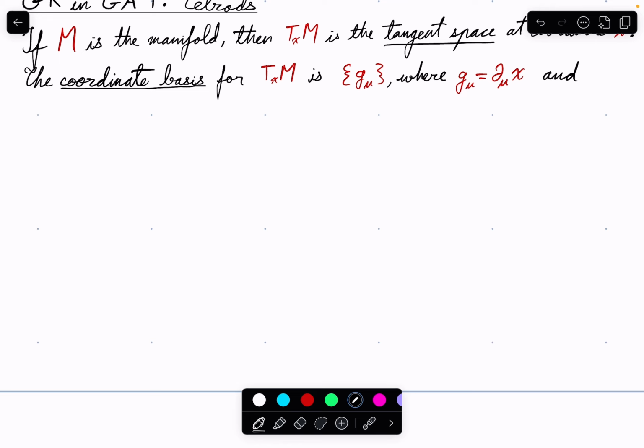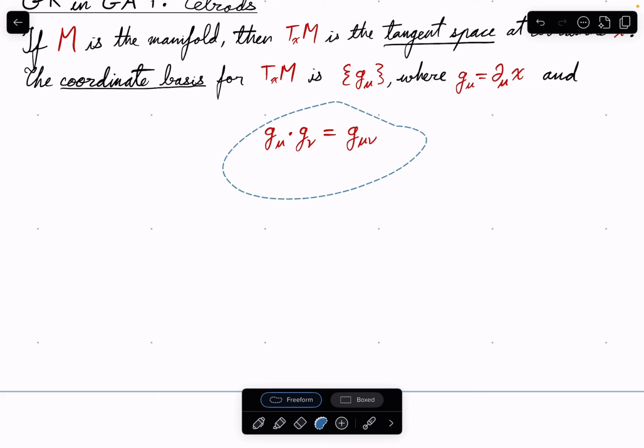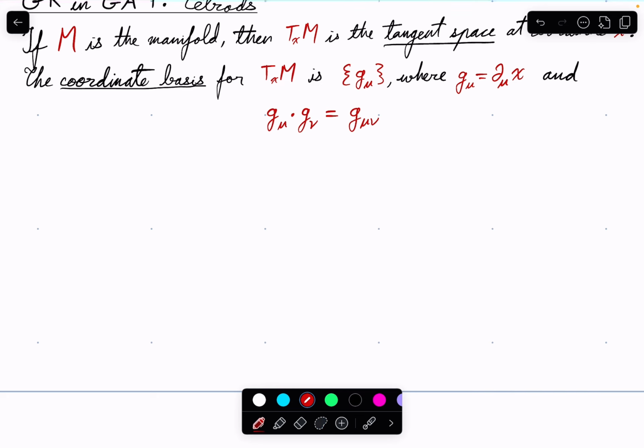And lastly, it satisfies a metric: g_mu dotted with g_nu is equal to g_mu nu, where g_mu nu is the coordinate metric.